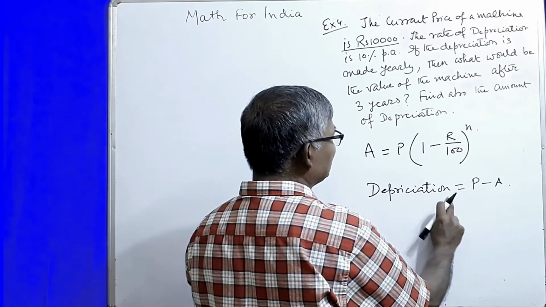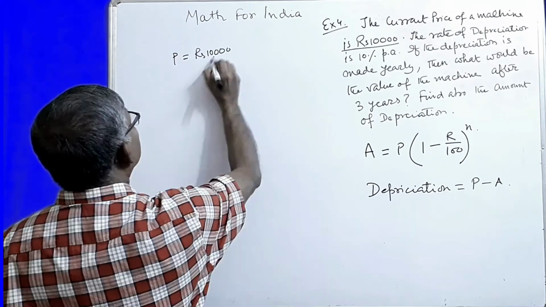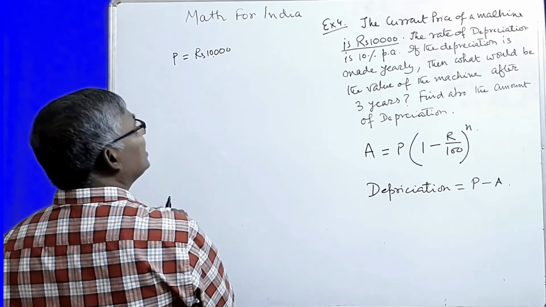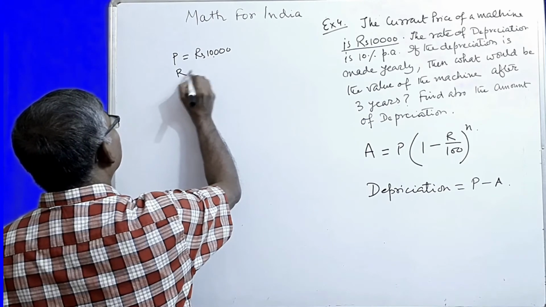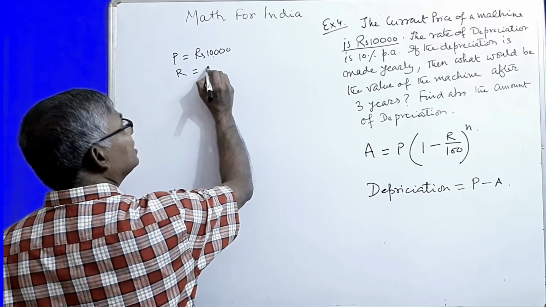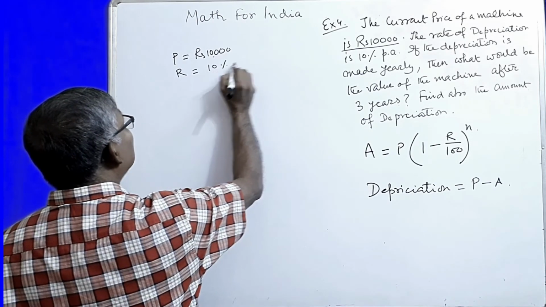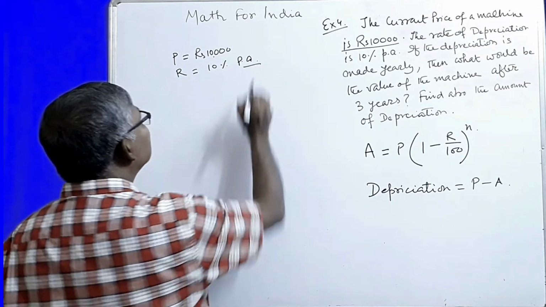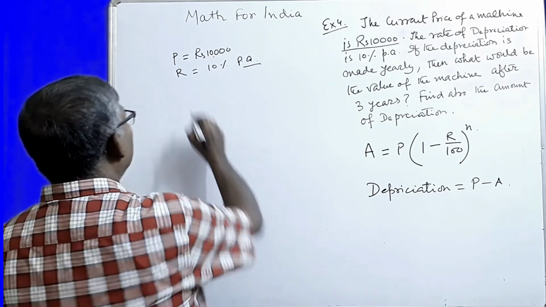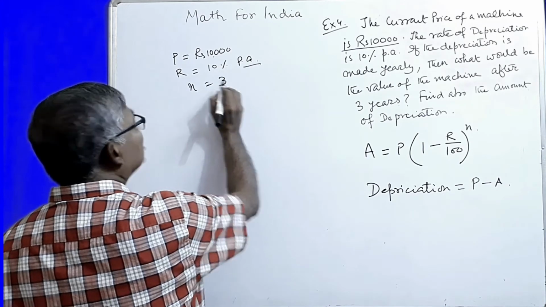So amount of depreciation will be P minus A. Here P is rupees 10,000. Rate of depreciation is 10% per annum, and N is 3 years.